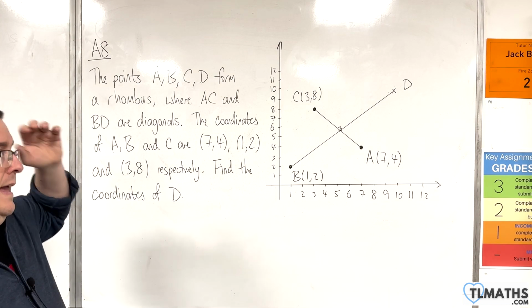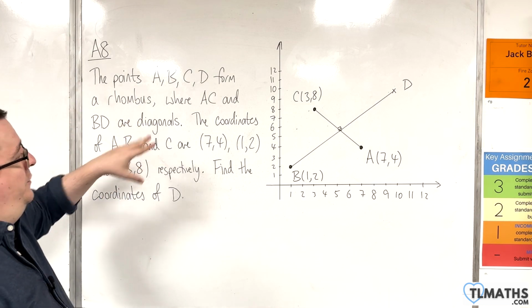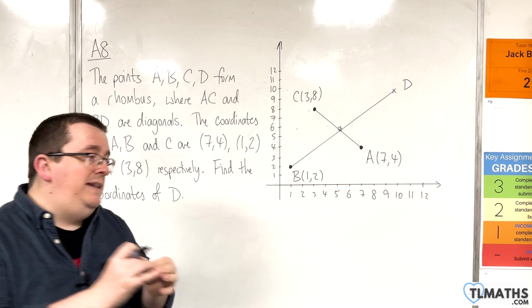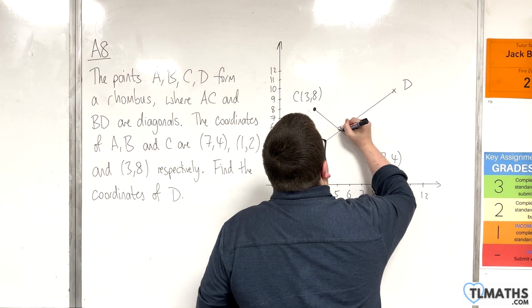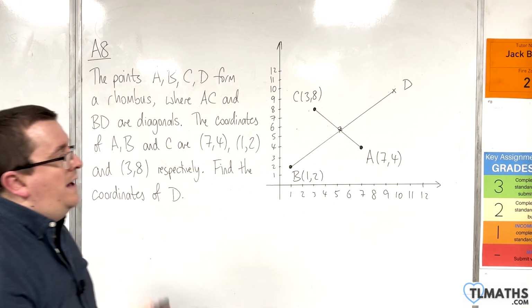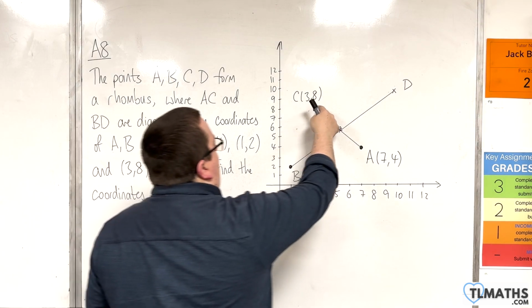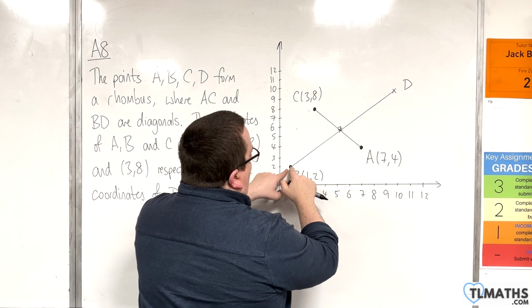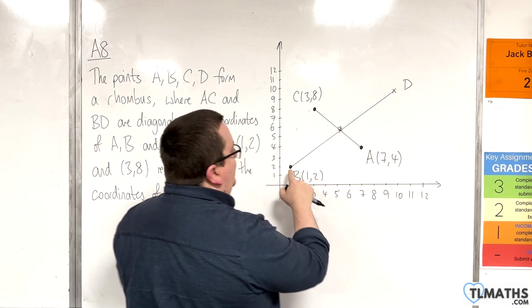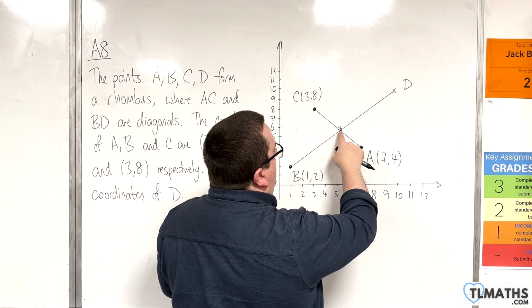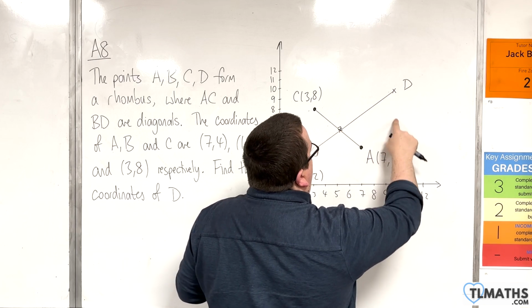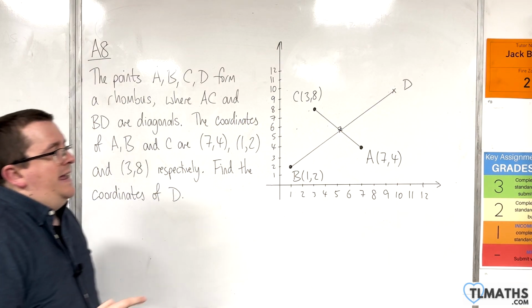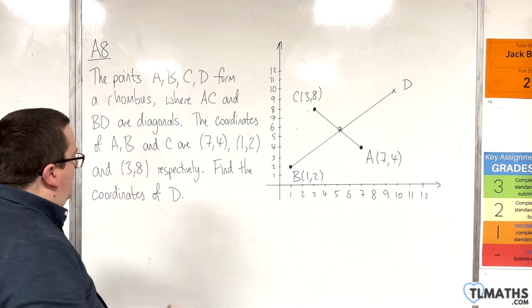The first way uses the rhombus and how the diagonals meet at the midpoint. If I work out the midpoint of A and C, then I could work out how far along and how far up I need to get from B to the midpoint, and then do the same thing again to get to D. So let's go about it that way first.